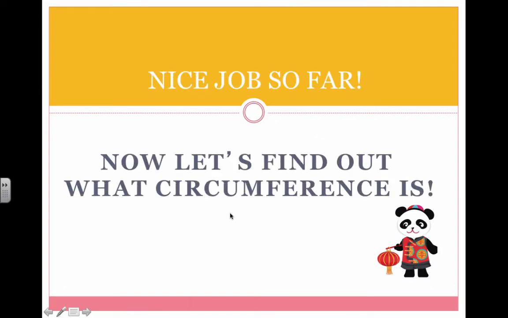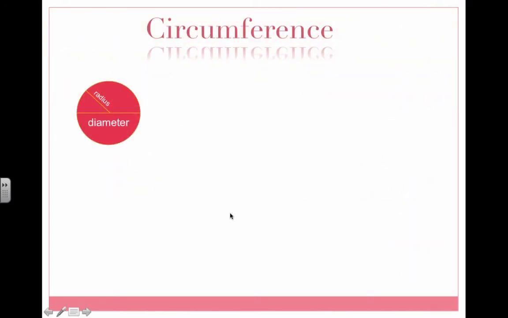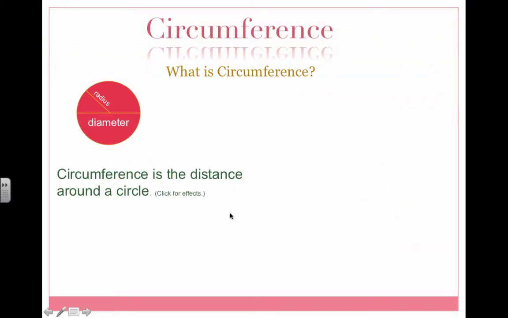Now let's find out what the circumference is. Circumference is the distance around a circle. Okay? Just like the distance around any figure is the perimeter. This is just another word for perimeter, special for circles. This is the circumference.